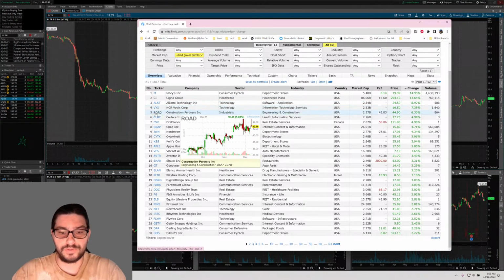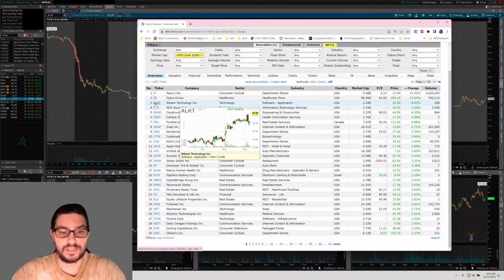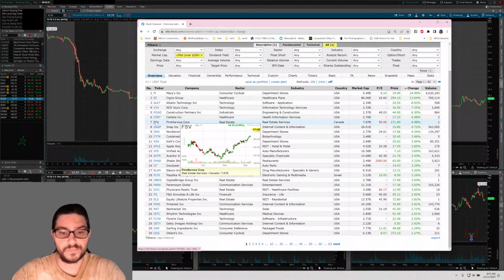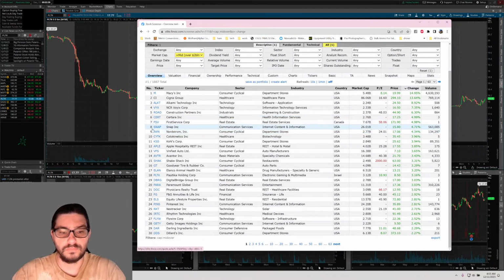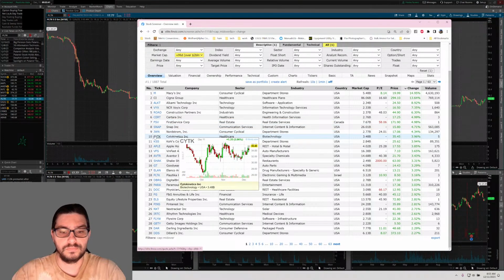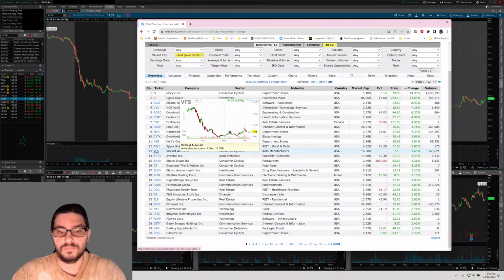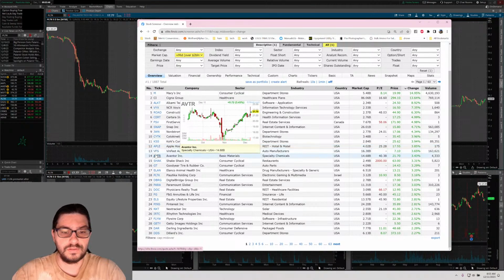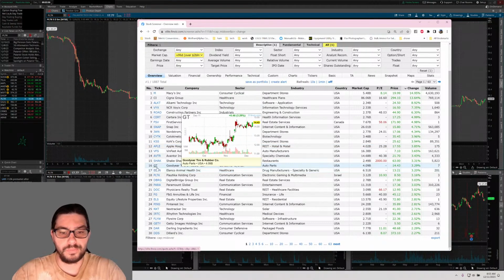We're just gonna quickly look through some of these things here. That would have been a good one if we had caught on to it sooner. Now we're just getting into the lower priced here.